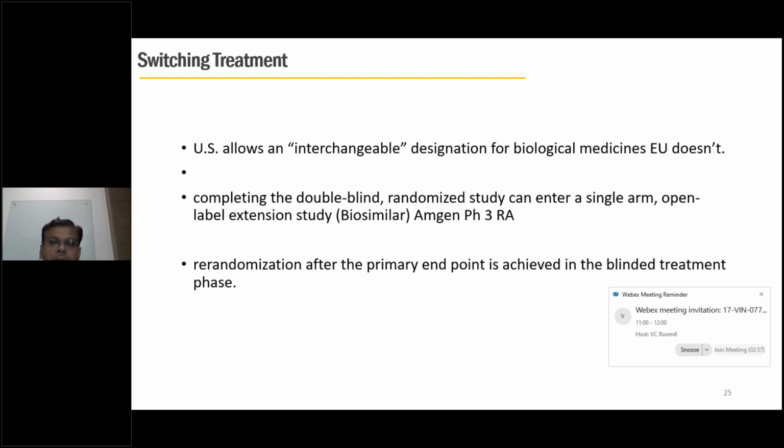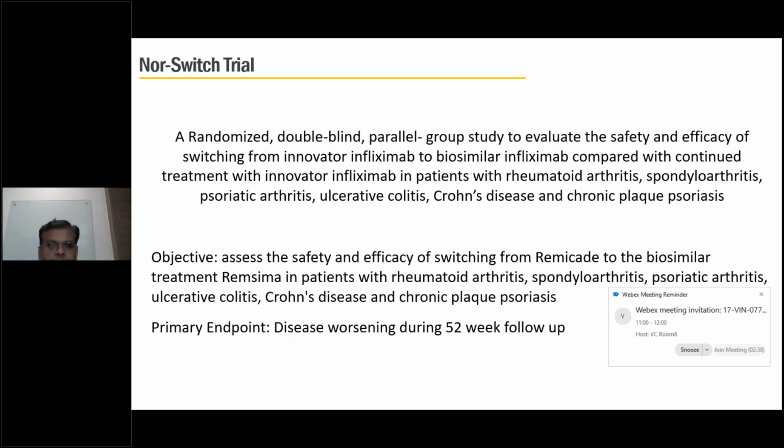Interchangeability is what we're targeting, where you change them from one to another and back. So you're just switching, interchanging them, which is typically not acceptable to certain regulators.